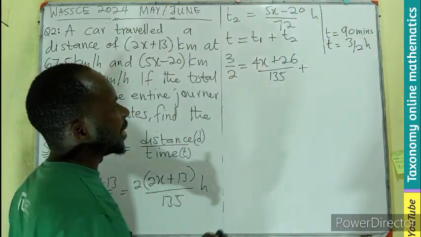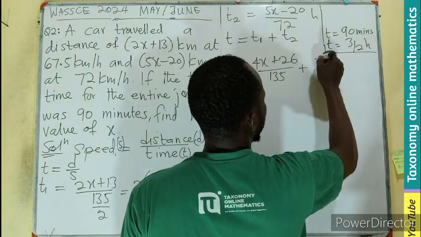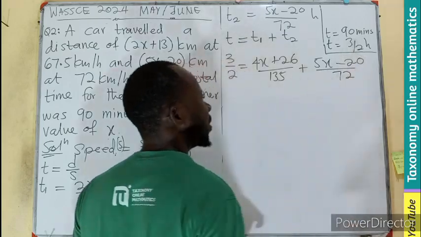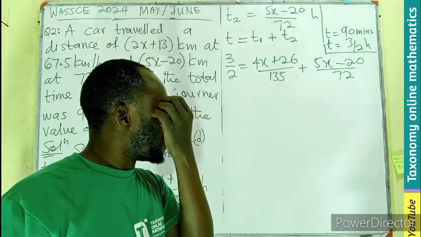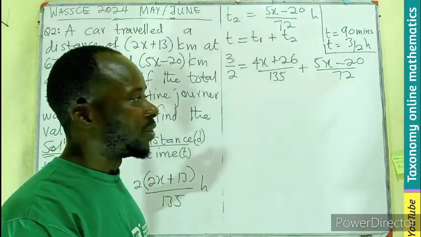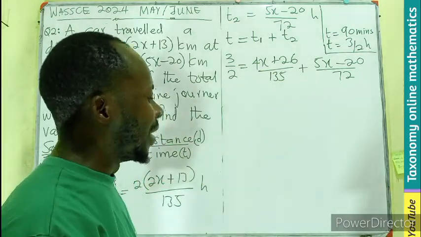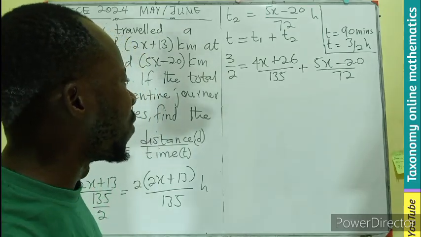Then we add the second time, 5x minus 20 divided by 72. This becomes an equation involving fractions. We find a number divisible by 135, 2, and 72. We could just multiply them, but a number that divides them all is 5,400.